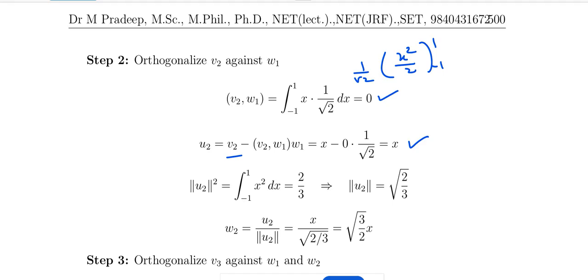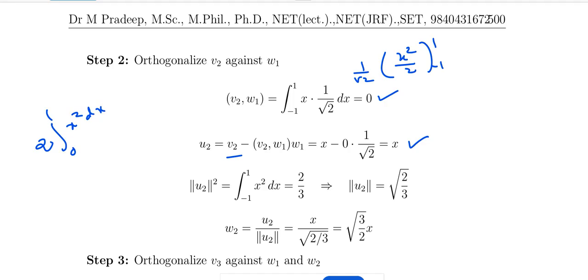So what is the norm of u2? The norm of u2 means x into x, that is x square, integrated over the limits minus 1 to 1 dx. This is an even function, so it does not become 0. We can take 2 times the integral from 0 to 1 of x square dx.